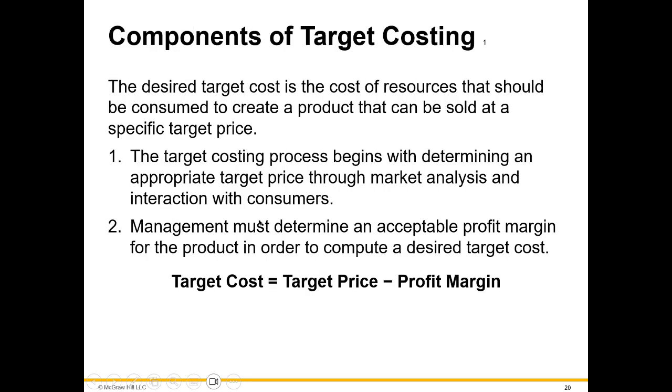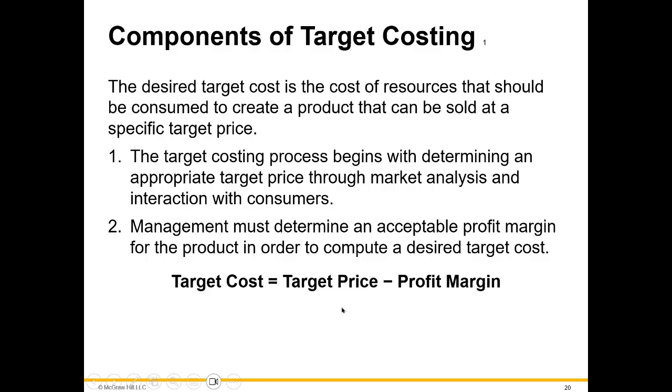So what are the components? Well, if we have a target cost, the desired cost, target cost, is the cost resources that should be consumed. The target costing process begins with determining an appropriate target price. What will consumers pay for this? So we're going to do some market analysis, look at competitors, have interactions with consumers, and determine the appropriate target price.